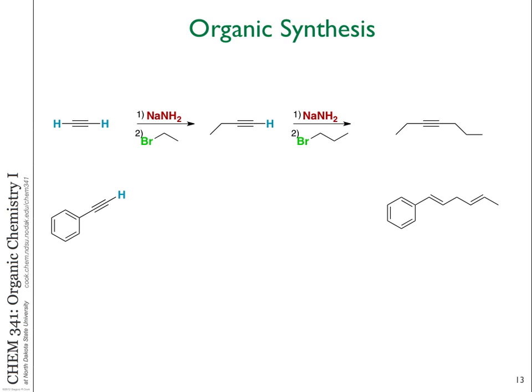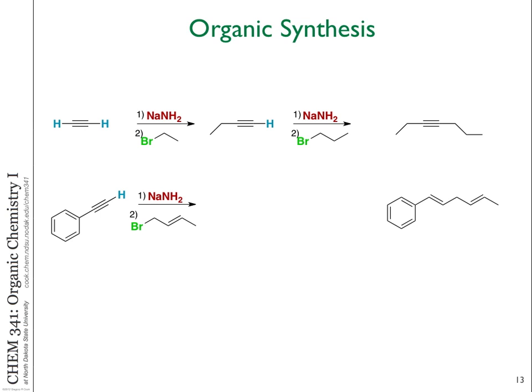How would you put that together? Well, the way to think about this is, again, we have to make this carbon-carbon bond forming reaction, which is a substitution reaction. So we need to deprotonate this. We need to react it with an electrophile, which we'll put on that group here. All right? So you think about that.